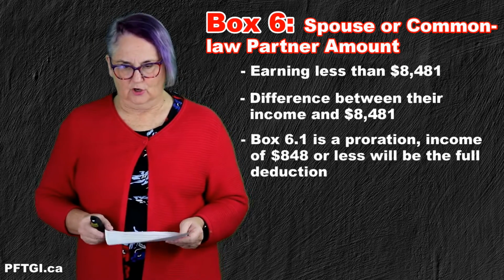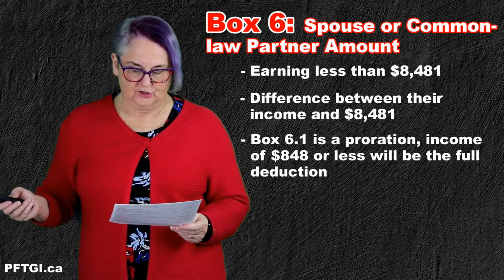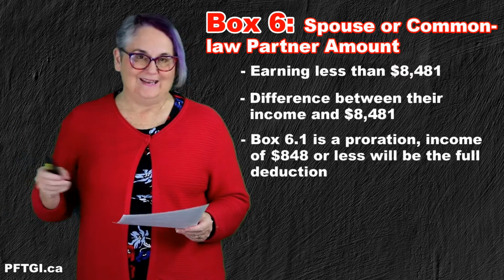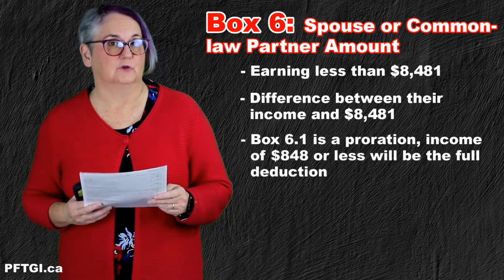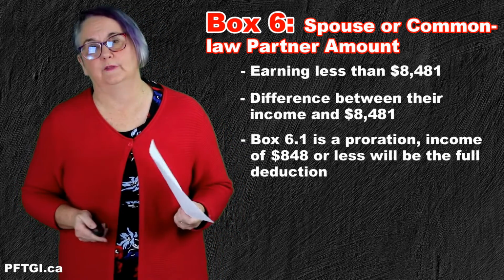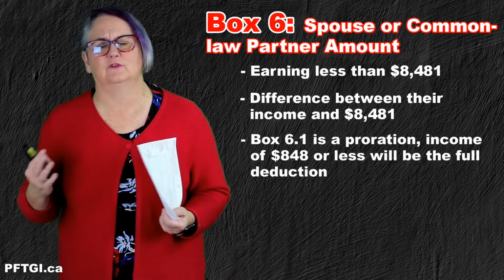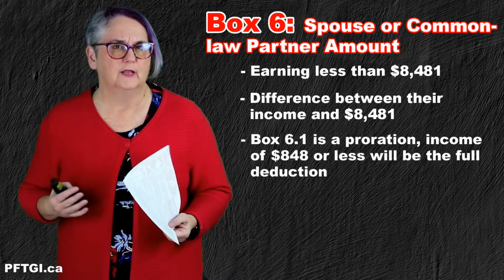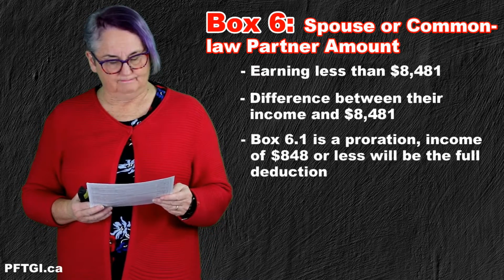Eventually with the proration, you won't get any deduction for a spouse who has full-time income. This is intended for a spouse where you are supporting them and they don't have any amount of income. So the max is if they're over $8,481, then there won't be any deduction for that spouse.